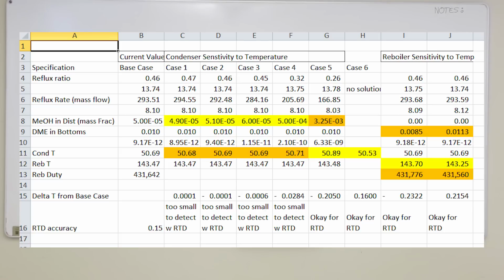And then I did a little research on temperature accuracy. I'm going to talk to one of my instrumentation friends and just sort this out, but one thing that I found was if you use an RTD versus a thermocouple, so a resistive temperature device versus a thermocouple, you can get slightly better accuracy, and also you get better repeatability.